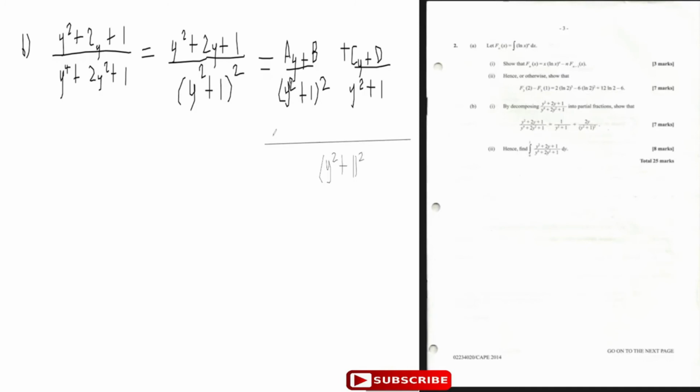and this into this just leaves ay plus b, then plus, all of a sudden the writing is so much smaller. Then this into this is going to leave cy plus d being multiplied by y squared plus 1.